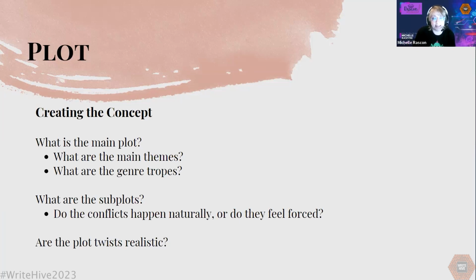So for that, I'll just say do your best and think about whether it seems like a realistic situation. Another side note to that is critique partners and beta readers are gold, so definitely use them. Finally, is the plot twist realistic? And that really only depends on if you have a plot twist. Not every book is going to have a plot twist, but you want to make sure that it is realistic and believable.